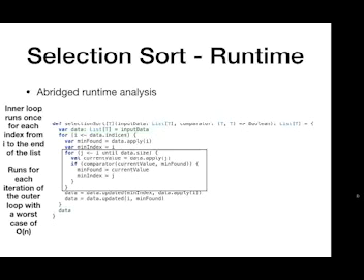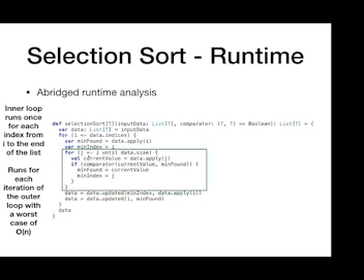The inner loop runs inside of that loop that runs n times, and this loop itself can run in the worst case n times. For example, if i is 0 when we're looking at the first index, this loop has to find the min of the entire list. So it's going to have linear runtime. In the worst case, it has O of n. So we have O of n runtime for this loop as well.